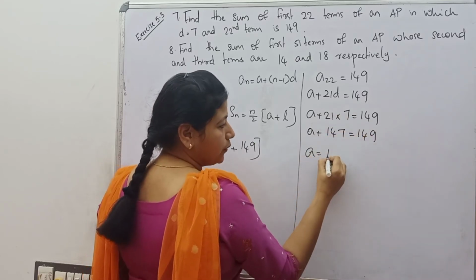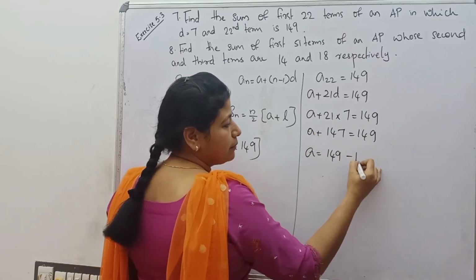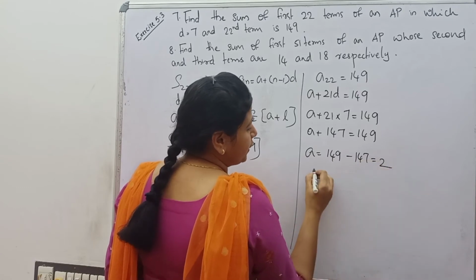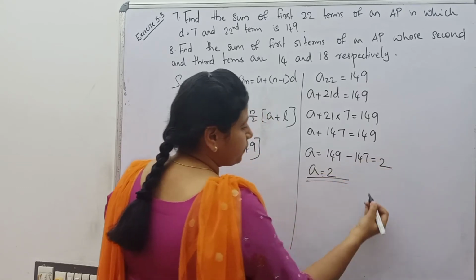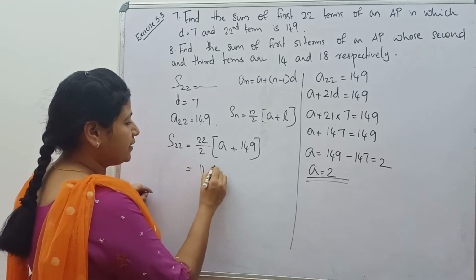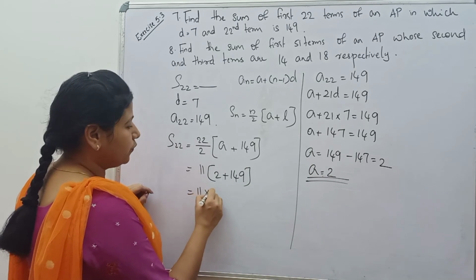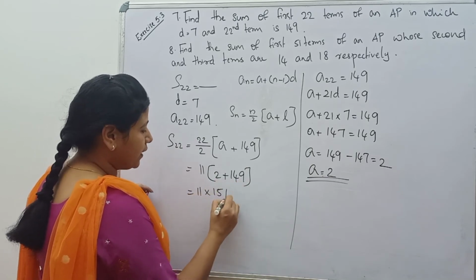Or a equal to 149. This 147, if you are taking to that side, you will get minus 147, which is equal to 2. That is a equal to 2. Okay, substitute the value here. You will get 22 by 2 is 11. 2 plus 149. Then you will get 11 into 2 plus 149 is 151.